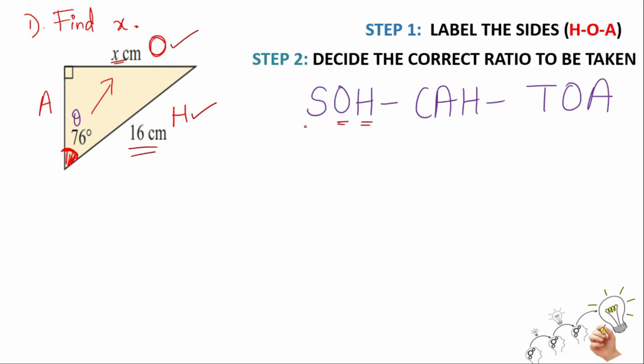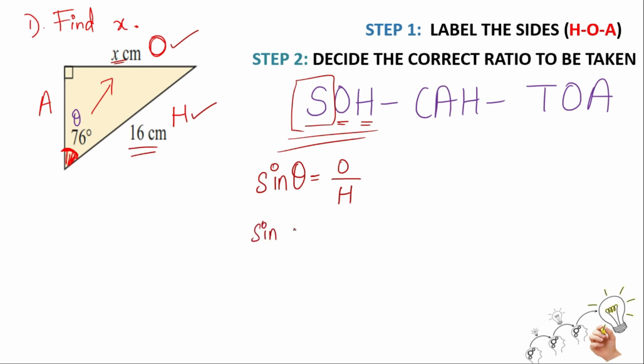So straight away you decide that it is the sine that is going to be used. So sine theta is O over H. My theta, the angle here, is 76, my opposite is x over my hypotenuse, which is 16 centimeter.